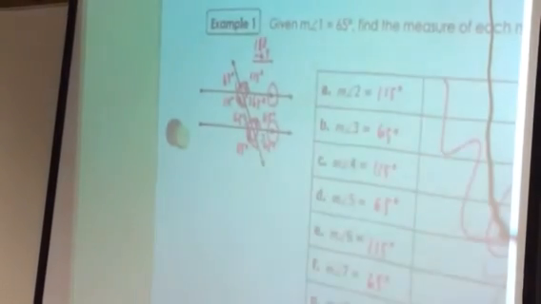Let's look back up at this first. My congruent angles go in a diagonal, right? The top left, the bottom right, top left, and bottom right are equal. Same on both, and then same way for the other ones, right? Does everybody see that pattern?